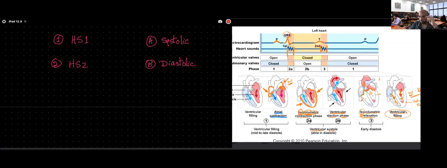Take your time, think of it. Diastolic means during ventricular relaxation, and systolic means during ventricular contraction.